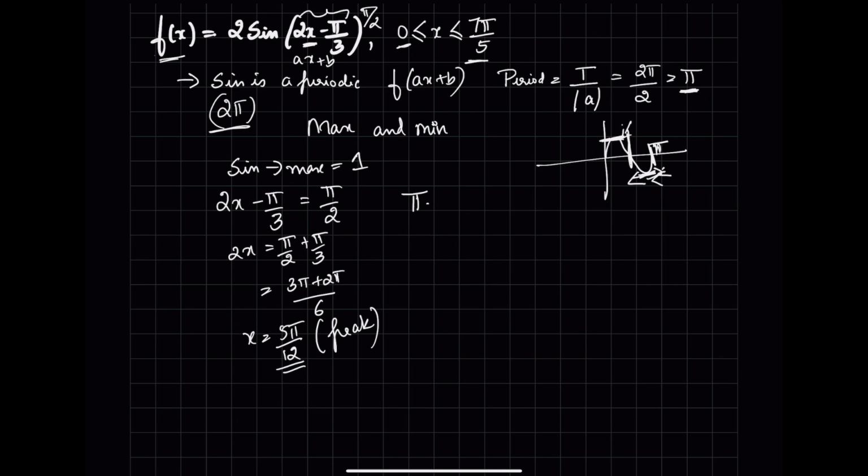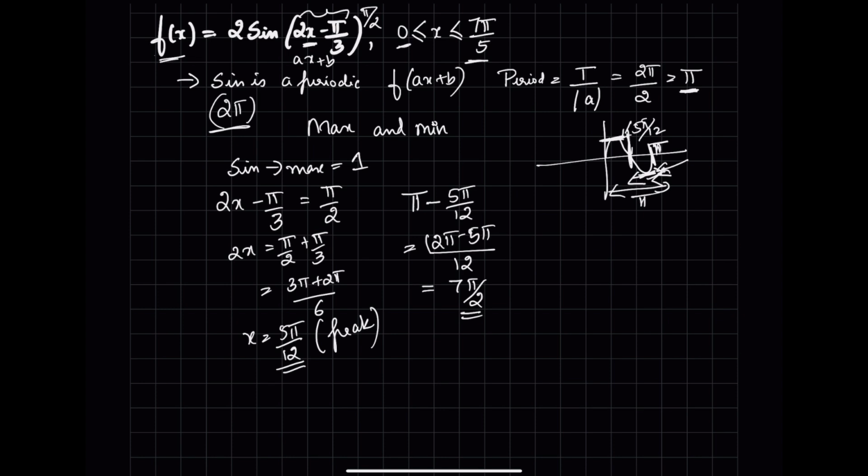The peak is at 5π/12, so we have to subtract this from the entire period. So π − 5π/12 is (12π − 5π)/12. So this is 7π/12. So at 7π/12, we will see the least value of this function.